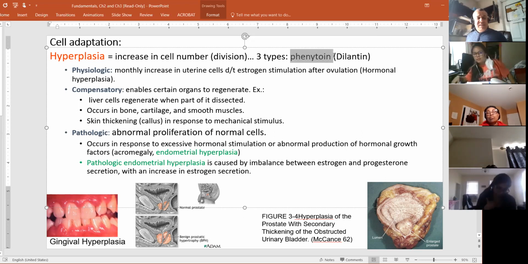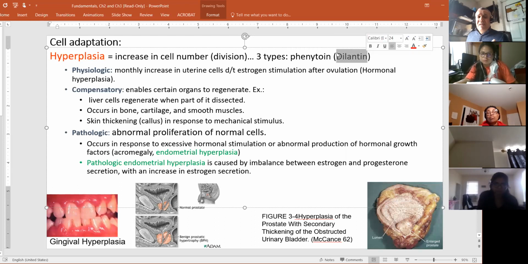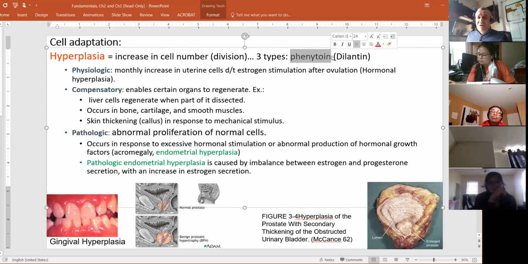You'll learn about this in pharmacology next fall. This one is the generic name, which you could call like the scientific name. But Dilantin is the brand name. This is the name the company gives. The generic name stays the same, whenever you go for that specific drug it is going to be phenytoin as the generic name.